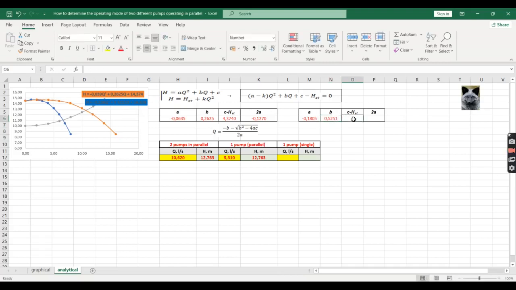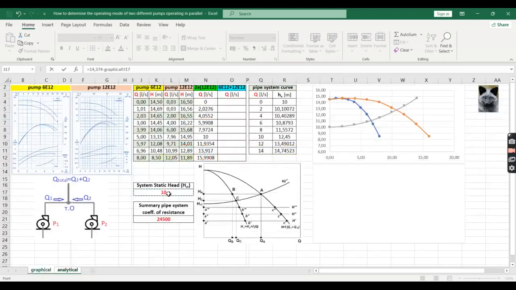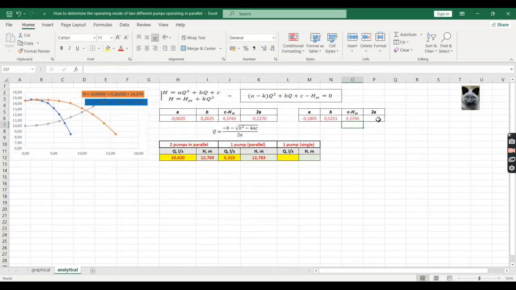Okay, the next coefficient value will be 14374 minus the static head, which we know is 10 meters. And the last one, you have to multiply twice the coefficient for A.